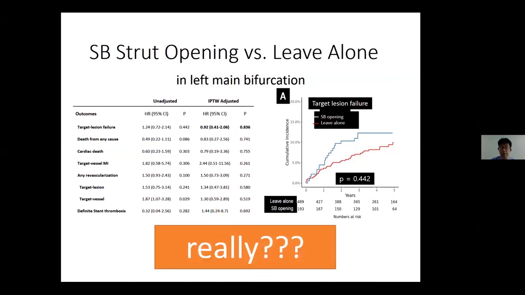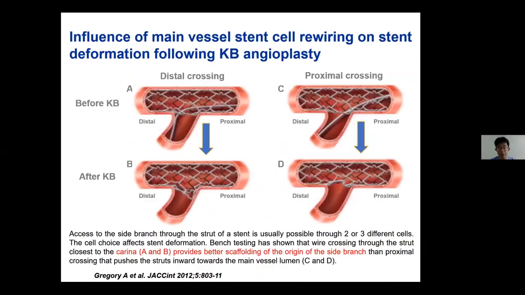Really? And this is my question. If we perform KBI, the wire recross point is very important because of the influence of main vessel stent cell rewiring on stent deformation during kissing angioplasty. This is a distal wire crossing before KBI. The right panel is a proximal wire crossing.